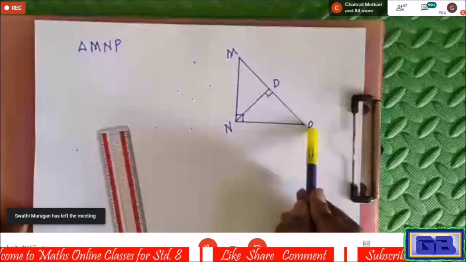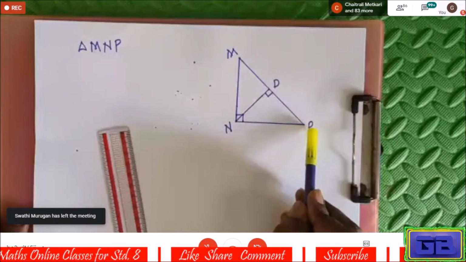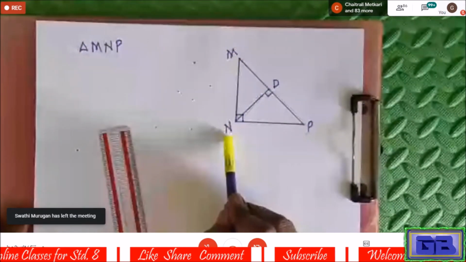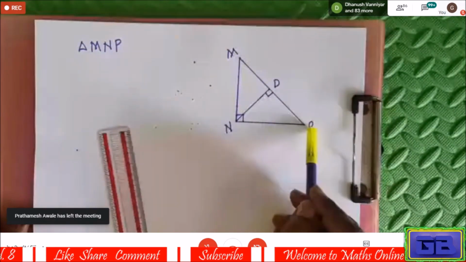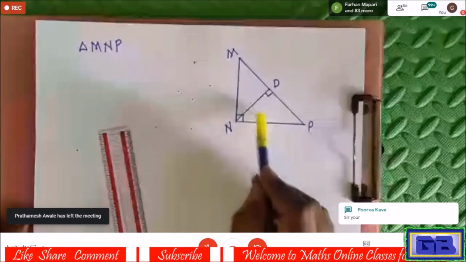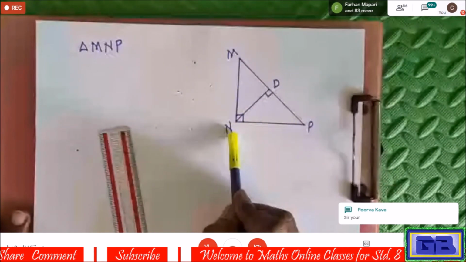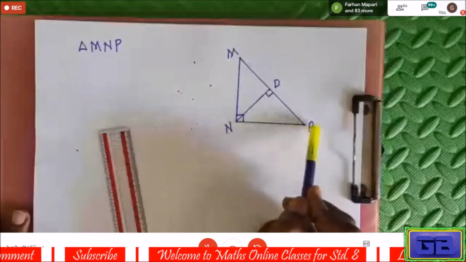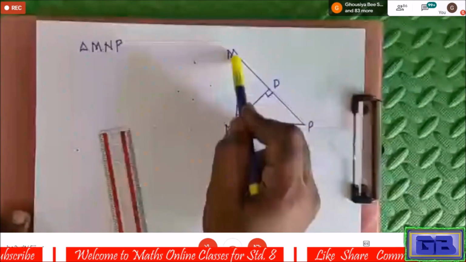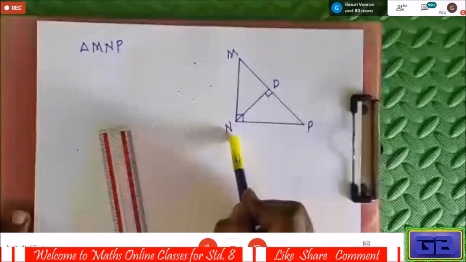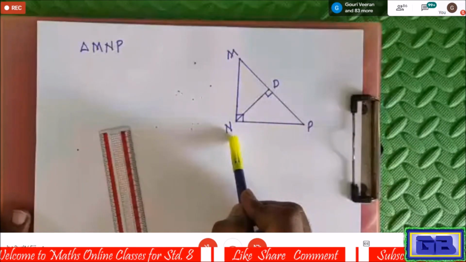Again, take this vertex P. Its opposite side is MN. And when we draw a perpendicular from vertex P on this side MN, already this side NP is perpendicular to side MN.